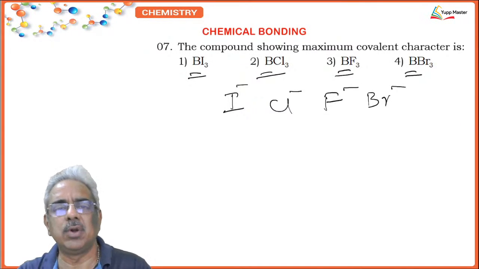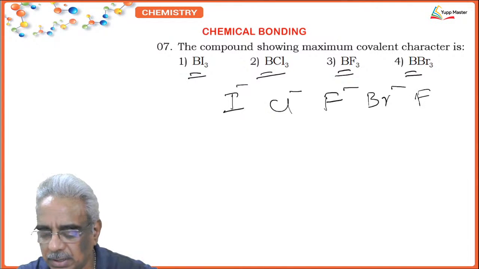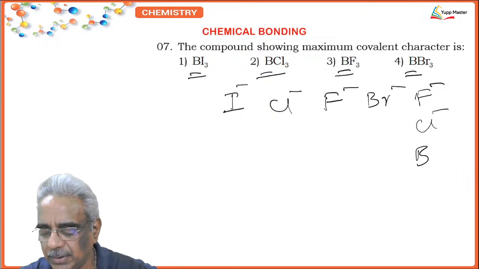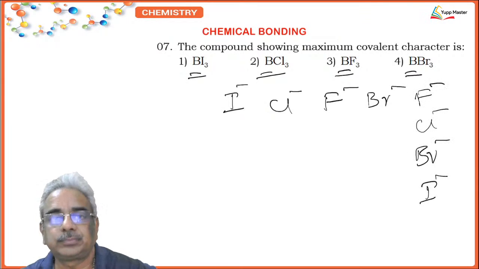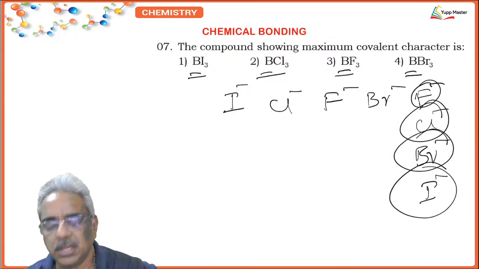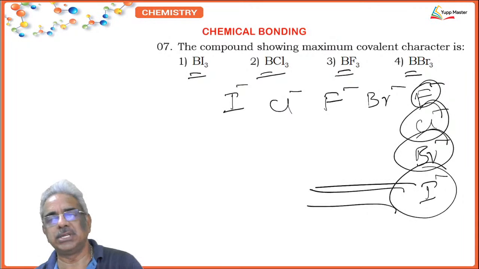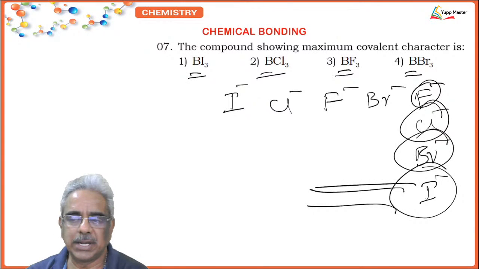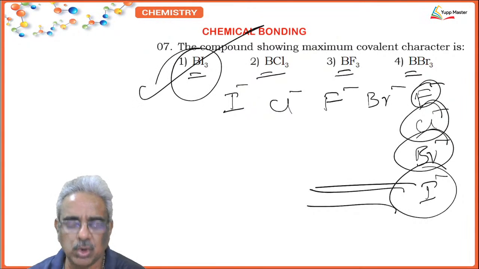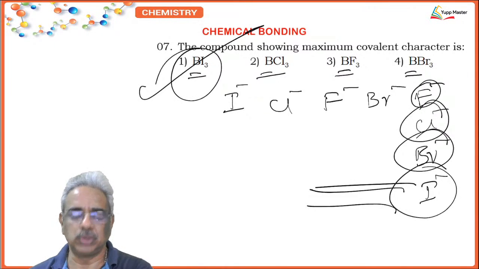You all pretty well know the size of the anions: fluoride, chloride, bromide, iodide. And as the size of the anion increases, the polarizability increases. Polarization leads to covalent character. So BI3 will be most covalent in nature. Anion is large, covalent in nature.